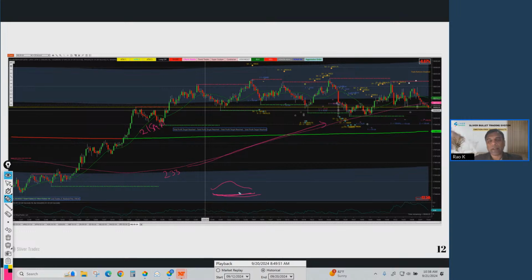But I showed the shape of the DNA, but not the orientation of the DNA. So orientation could be this way also, to keep in mind. And here, market went up, and then see, it became sideways for an extended period of time.